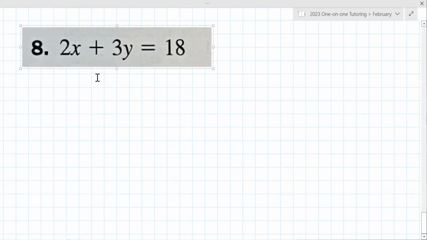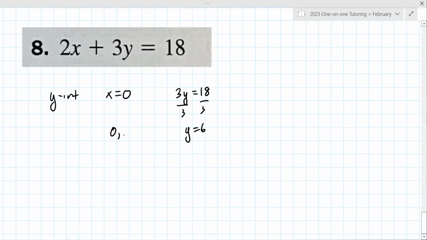All right. So again, if you want to find the y-intercept, you're setting x equal to 0. When you set x equal to 0, the x term goes away. So you're just left with 3y equals 18. Divide both sides by 3, and y equals 6. So that's your first ordered pair. (0, 6) is your y-intercept.